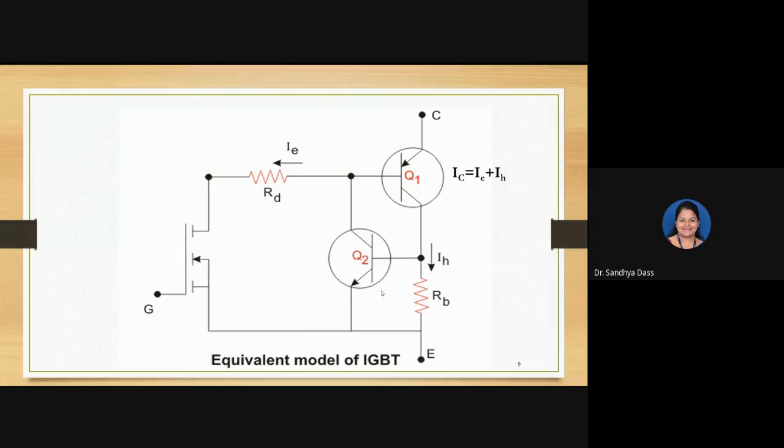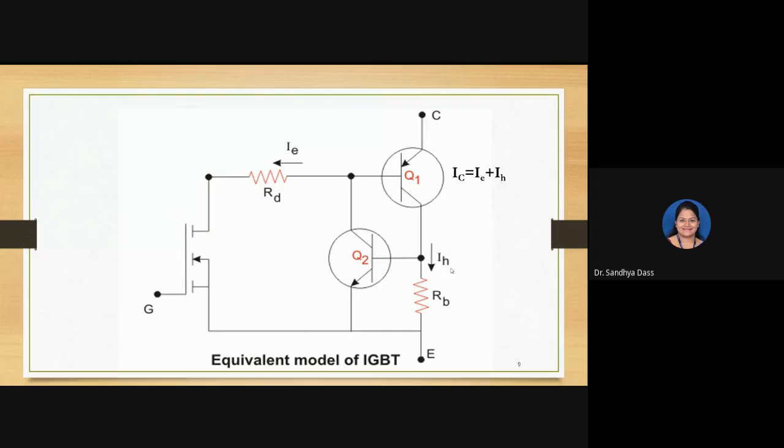Again, to understand the working, you should know the internal structure and working of MOSFET and BJT. Here in IGBT, there is a peculiar phenomenon that is observed, which we call latching up of IGBT. So what is this latching up?